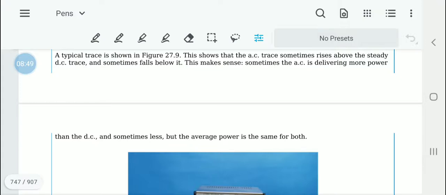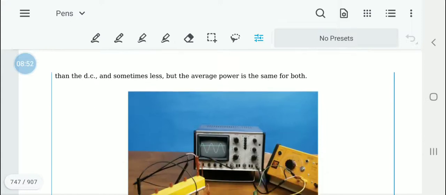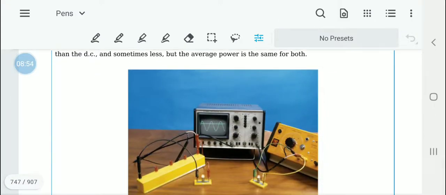So this will give us now the line here. This line gives the value of DC, but as you can see, AC goes above that, so that shows that it should be higher.